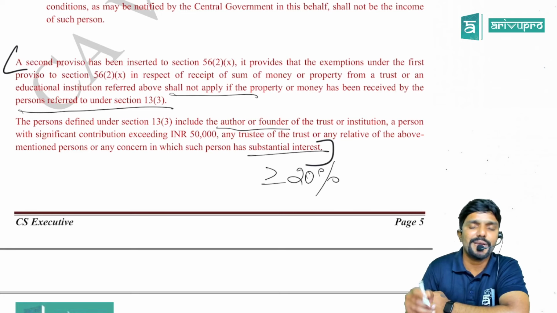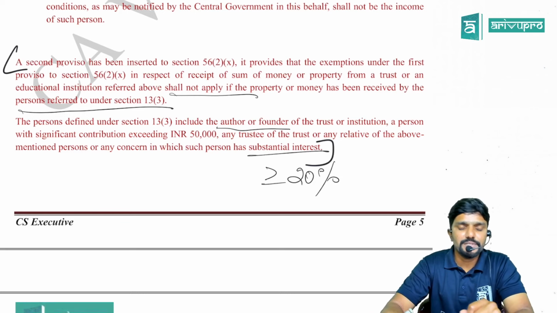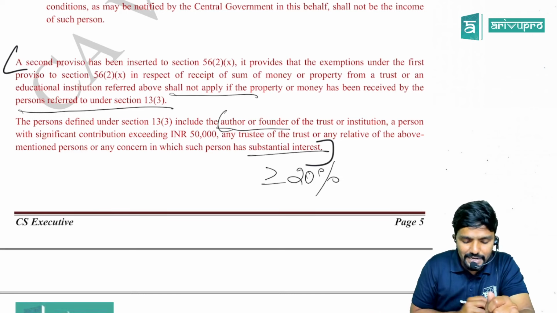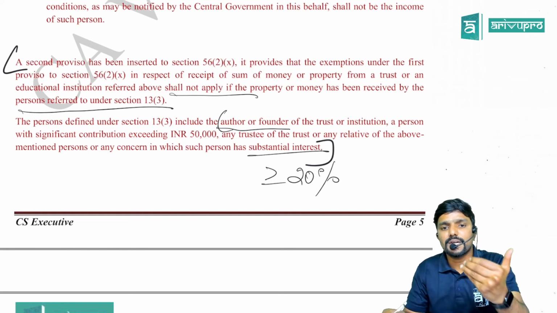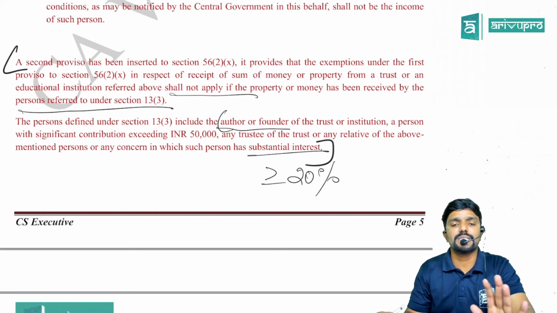Substantial interest means 20% or more profit sharing ratio or shareholding, guys. Means whoever has been mentioned here, that is the author, founder of the trust or institution, a person with a significant contribution of more than 50,000, or any trustee of the trust or any relative of the above mentioned person, or any concern in which such person has substantial interest.